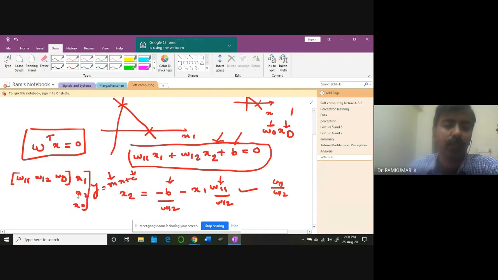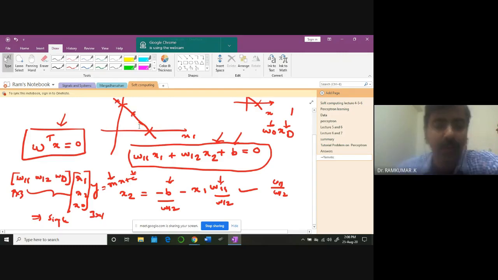So you get a dot product, a 1 cross 3 times a 3 cross 1, giving a single number. For this dot product, all the points lying on the line will be equal to 0. That's the idea: W transpose x is equal to 0.